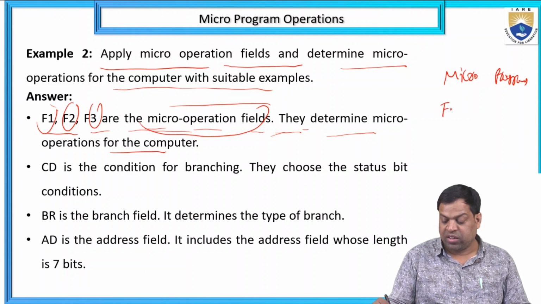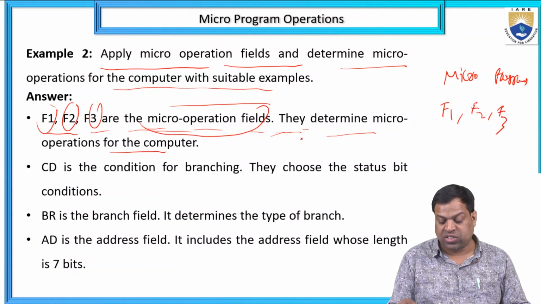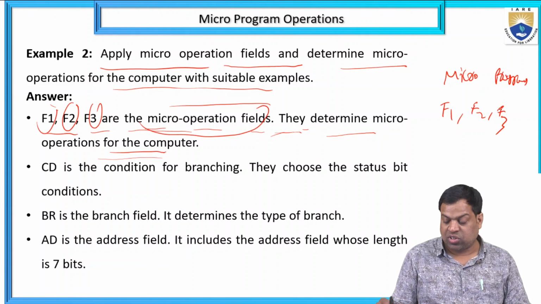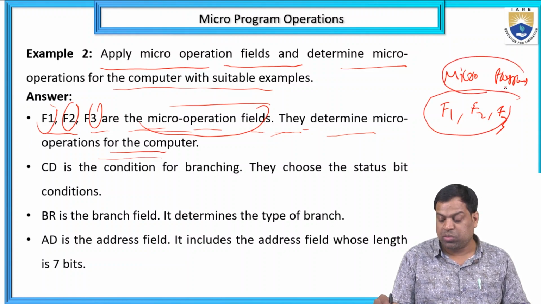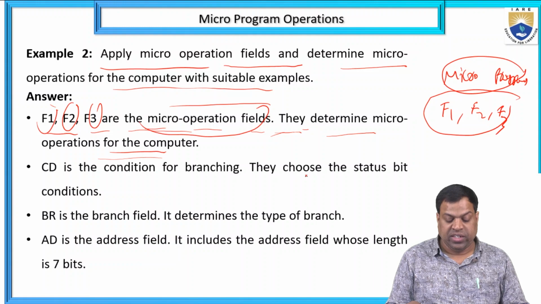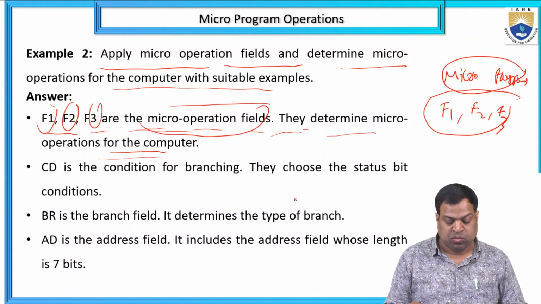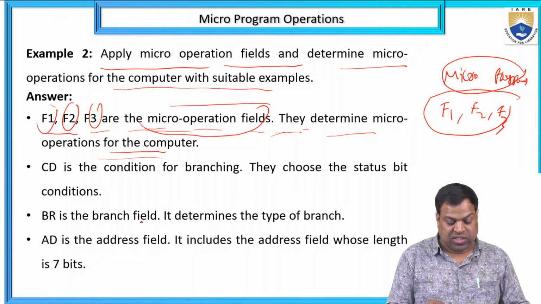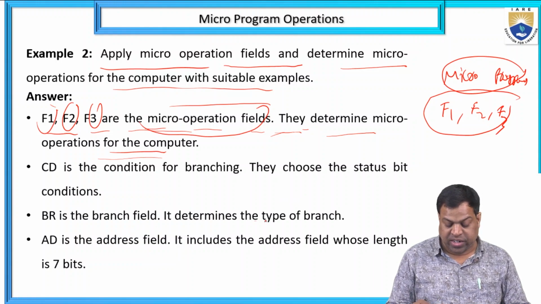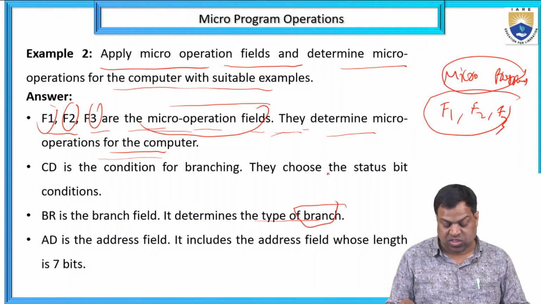So here F1, F2, F3 are the three fields, and they determine the micro operations of the computer. CD is the condition of branching, and they choose the status bit condition. BR is the branch field. It determines the type of branch.